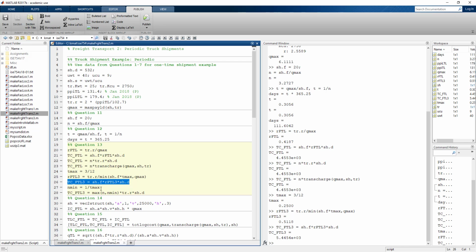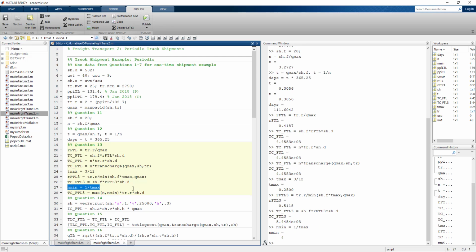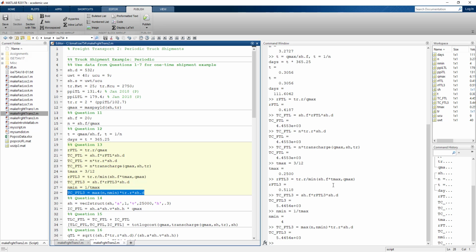Or another way of looking at it is we can take 1 over that restriction and basically say that we have to have at least 4 shipments per year. And with that, we can then recalculate. So in both cases, we get the increase in transport cost associated with that shipment interval constraint.